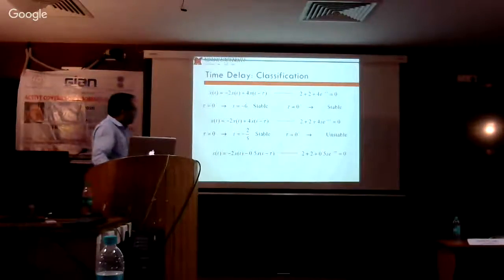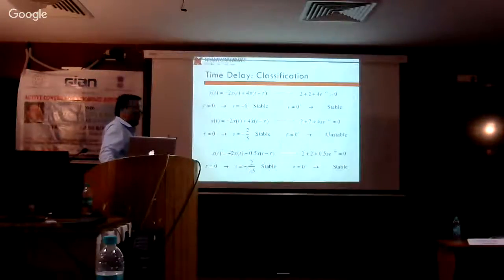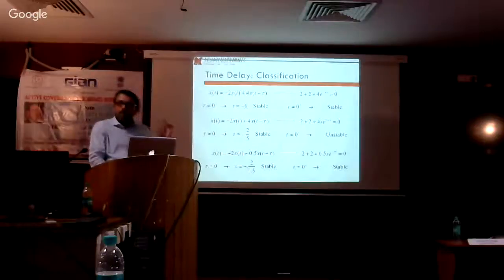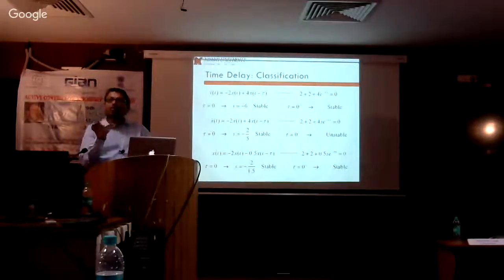More system, it's again a neutral type of system. Without delay, it's stable, and with delay also stable. So the bottom line is that any kind of system which has delay in it has infinite spectrum, which can be stable or unstable. So stability of time delay system is very critical, very important.